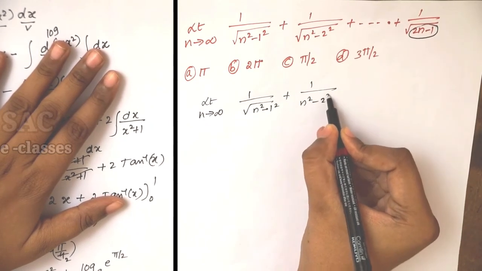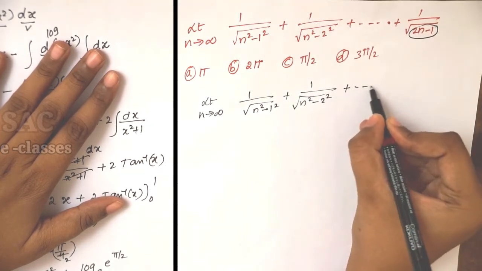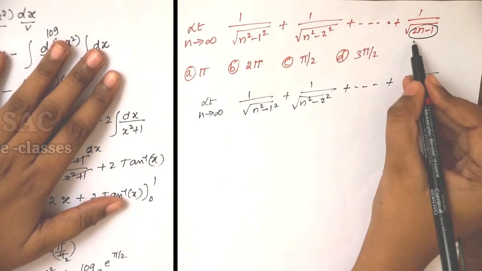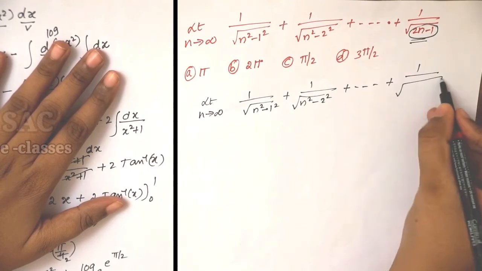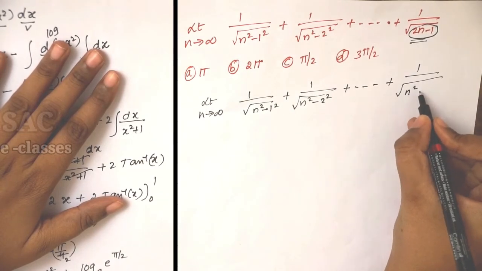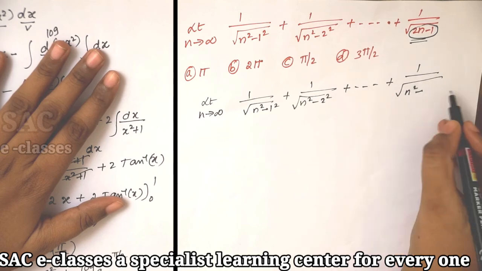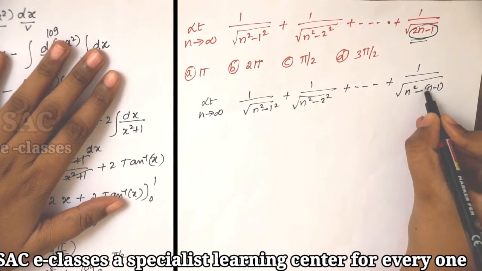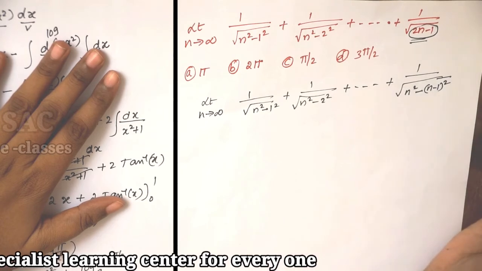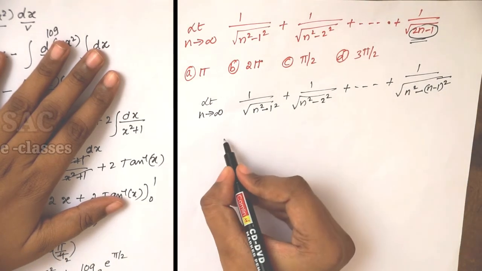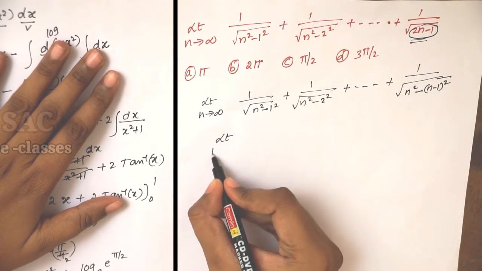Clearly it will end with an odd number. So you have to understand that n square minus n square is 0, and the last term cannot be 2n minus 1, so it is n square minus (n minus 1) whole square. I hope you have understood in what way you are supposed to write.